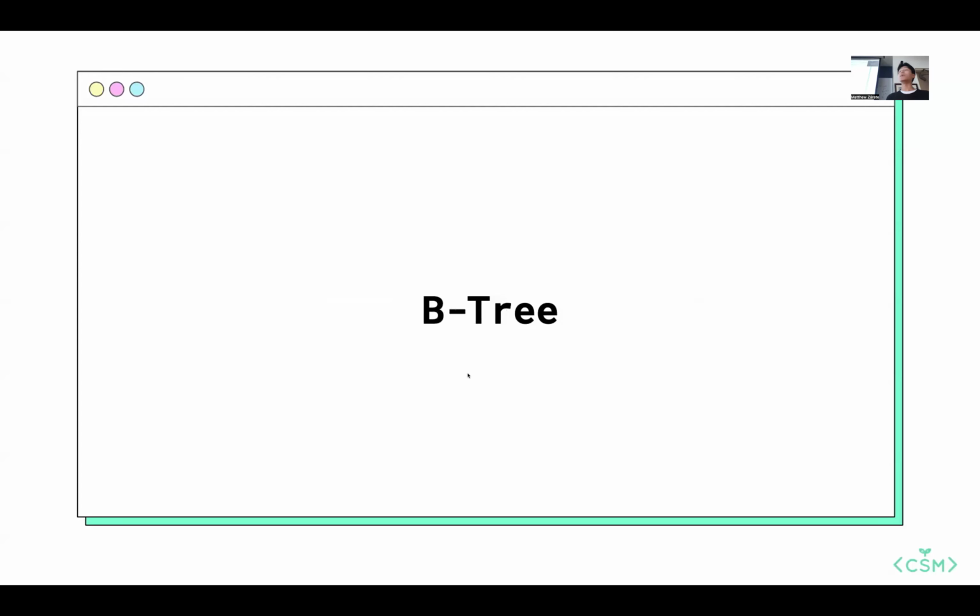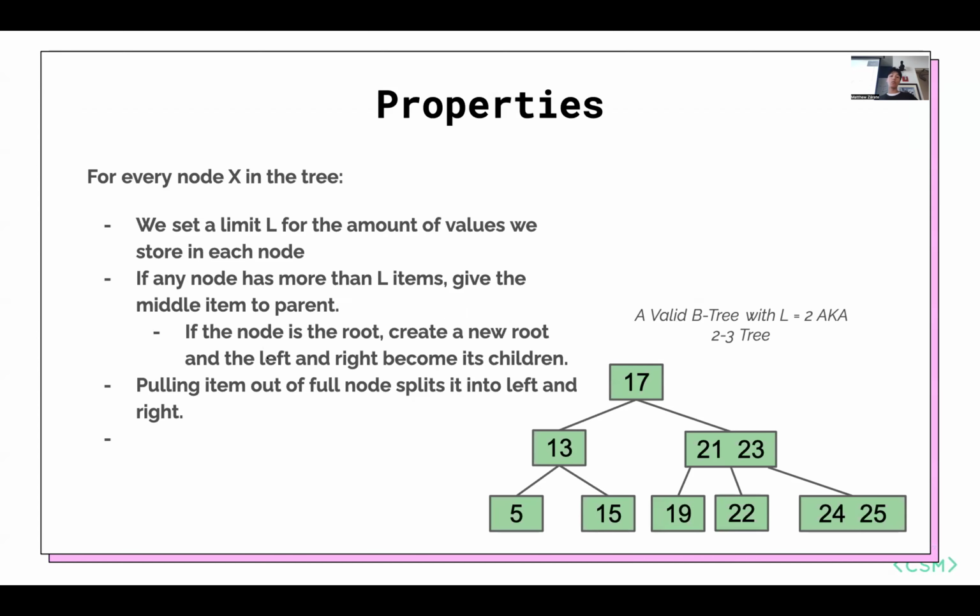We use something called a B tree. So what we do for a B tree is, instead of having just one value for each node and then attaching to either the right or the left when you want to add nodes, we have a limit for the amount of values we can have for each node. And the trick is when the number of values in that node is greater than the limit, we take the middle value of that node and we move it up.